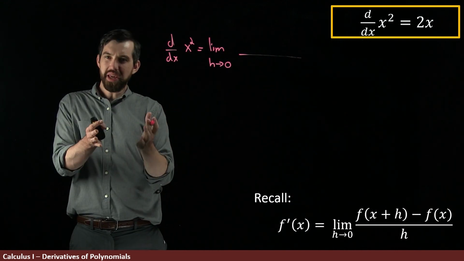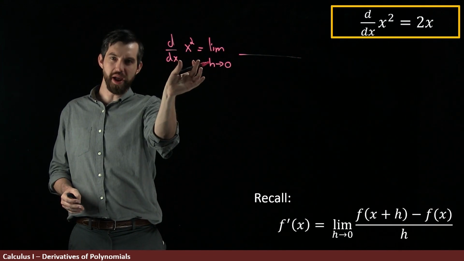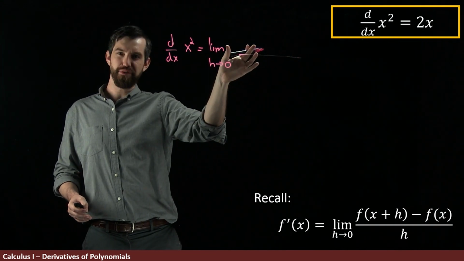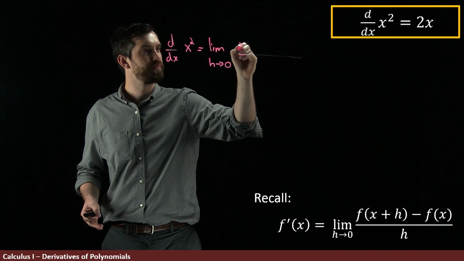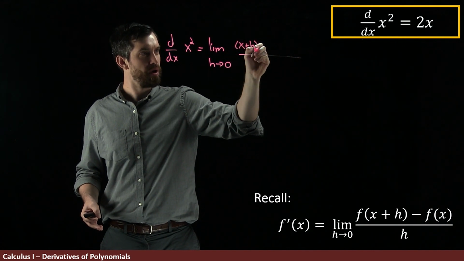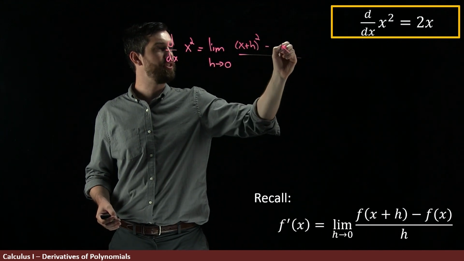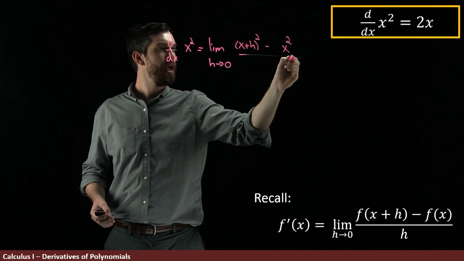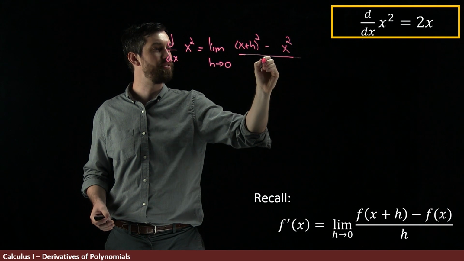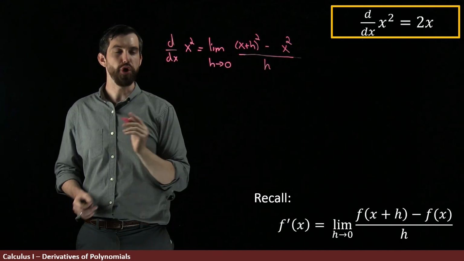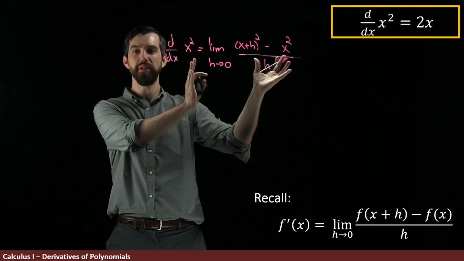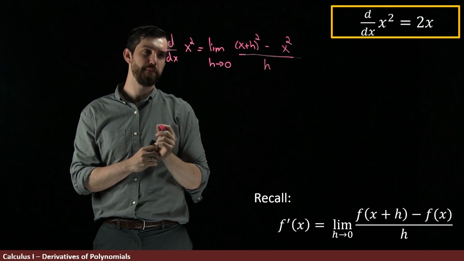But because we have an explicit function x squared, when I put in f of x plus h, it looks like (x plus h) all squared. And then I subtract off f of x, so this is just x squared. And then this is all going to be divided by h. So I have put in the formal definition of the derivative.